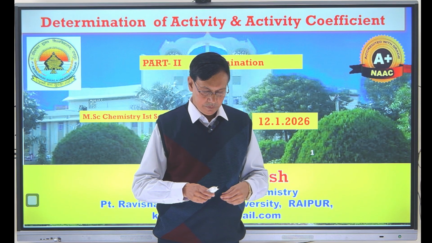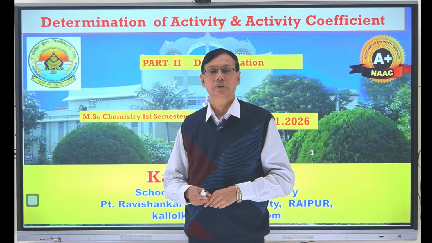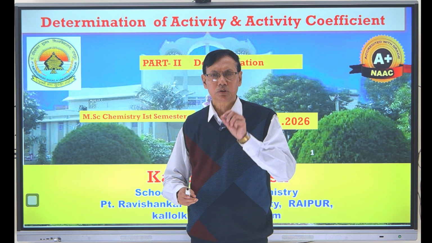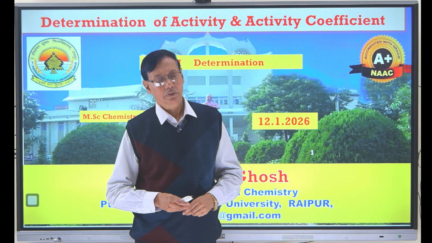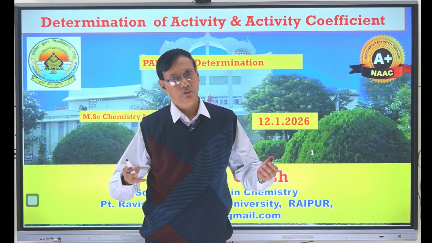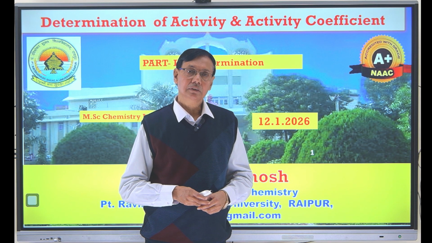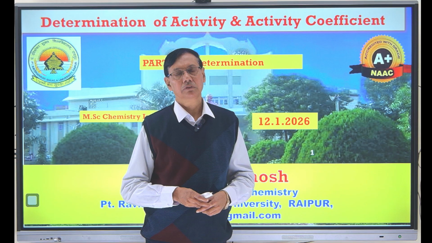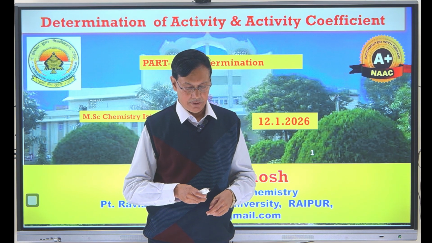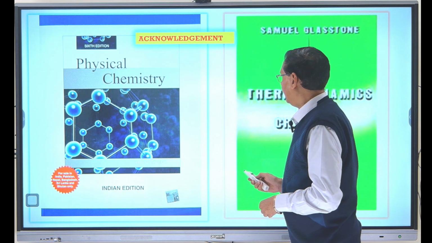So in this presentation, I will discuss the most popular method, which is very important from the examination point of view as well as for fundamental knowledge. And it is in the M.Sc. first semester chemistry syllabus.